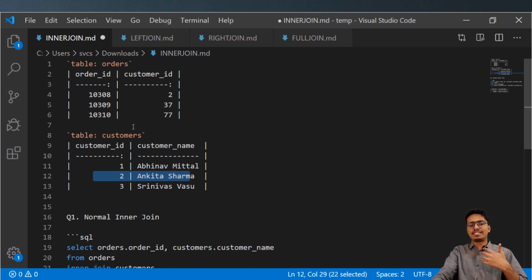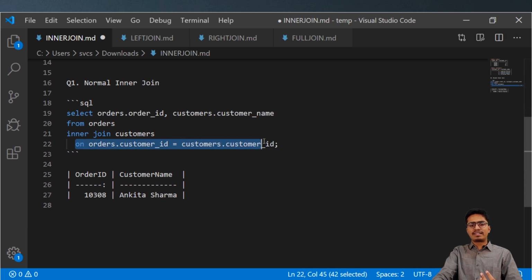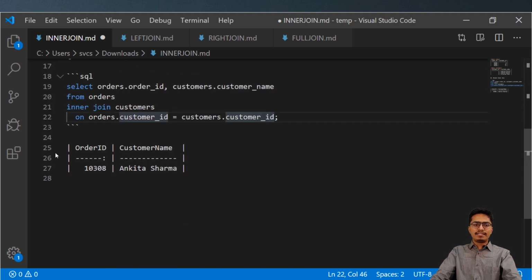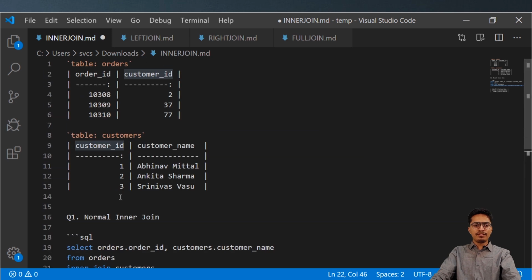They didn't satisfy the ON criteria. An inner join only selects those rows that have made a possible match. So an inner join in this case will only comprise this particular combination: order ID 10308, customer ID 2, and then it would join with this row.